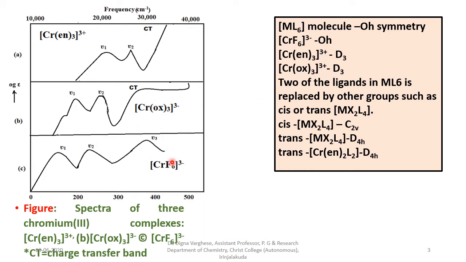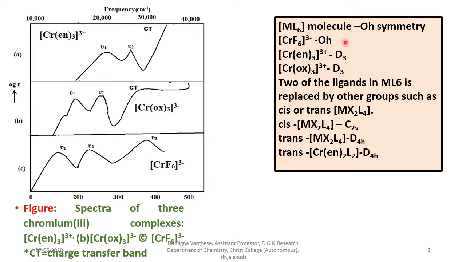When we change the fluoride to oxalate or ethylenediamine, we know ethylenediamine and oxalate act as chelating ligands. By this, the symmetry changes or reduces to D3 symmetry.